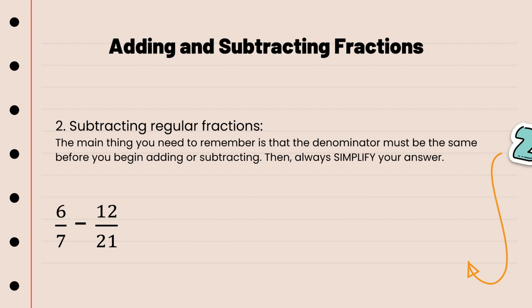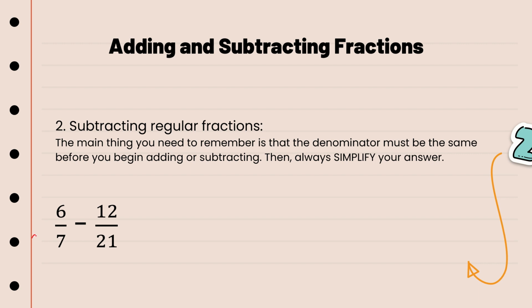Now, when we're subtracting regular fractions, it's the same thing. We need to make sure that the denominator is the same. So I'm going to have to change the 7 into 21 if I can. If I can't, then I can cross multiply. So 6 over 7 would be multiplied by the denominator of the other fraction and the other way around as well.